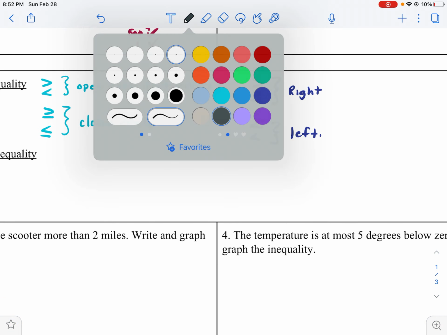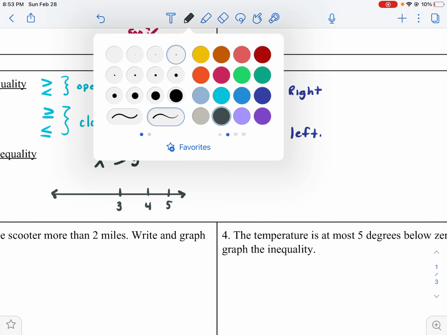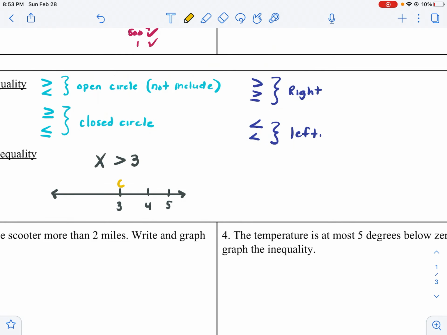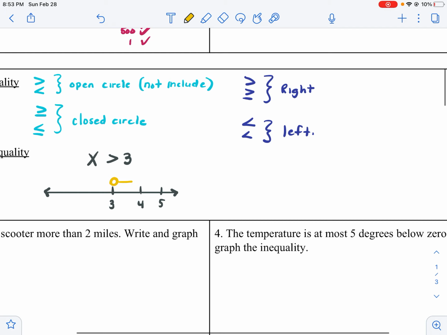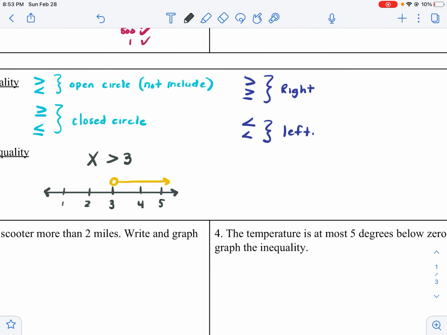So, for example, if I have x is greater than 3, we're talking about all the numbers bigger than 3. So 4, 5, but not 3. So 3 is not greater than 3. So open circle because it's just greater than. And since it's greater than, it goes to the right. And then 2, 1.